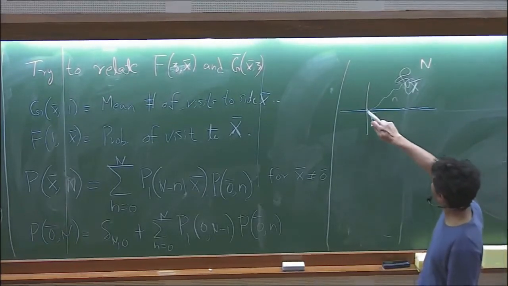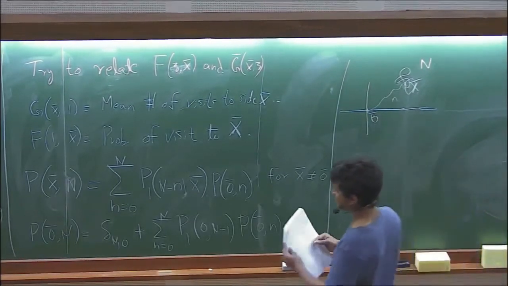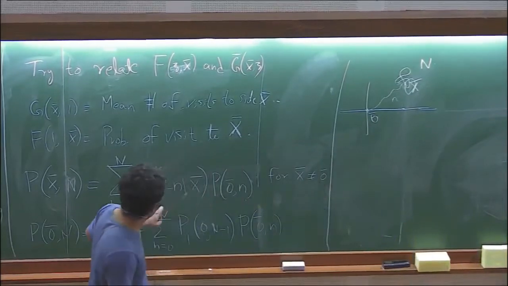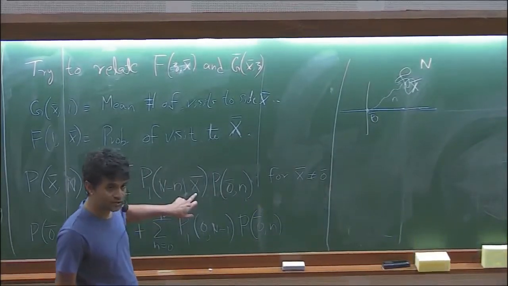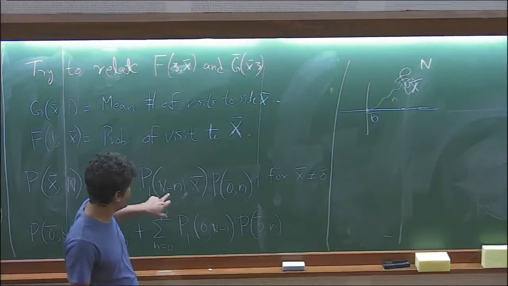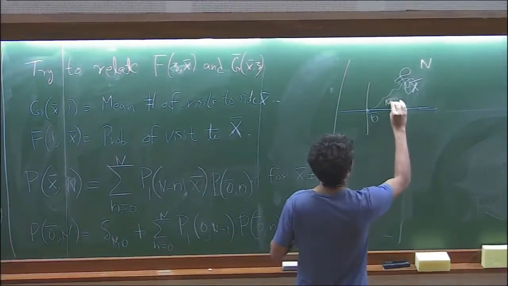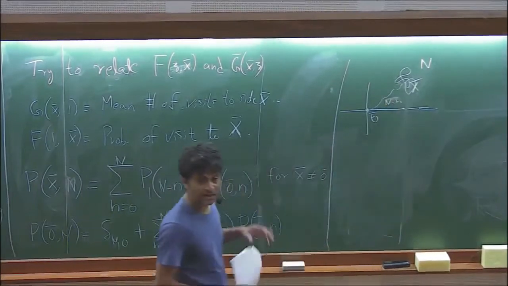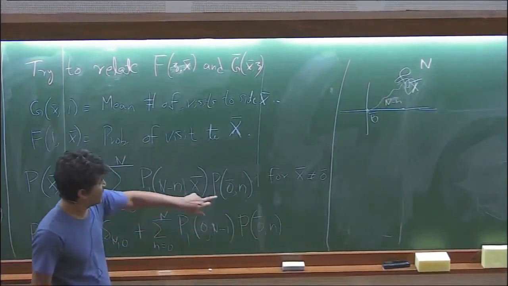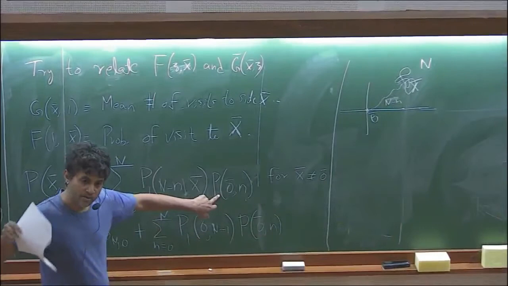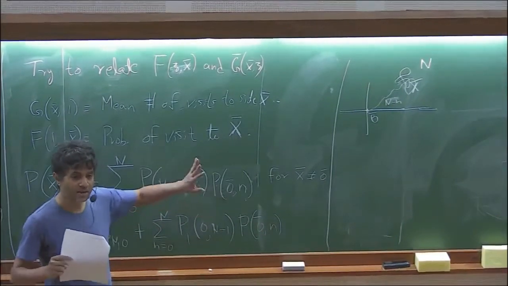So from here to here, I'm saying it's the probability that it goes to x for the first time in, let's say, m steps. Then it just comes back to the same point because it has to be at x.